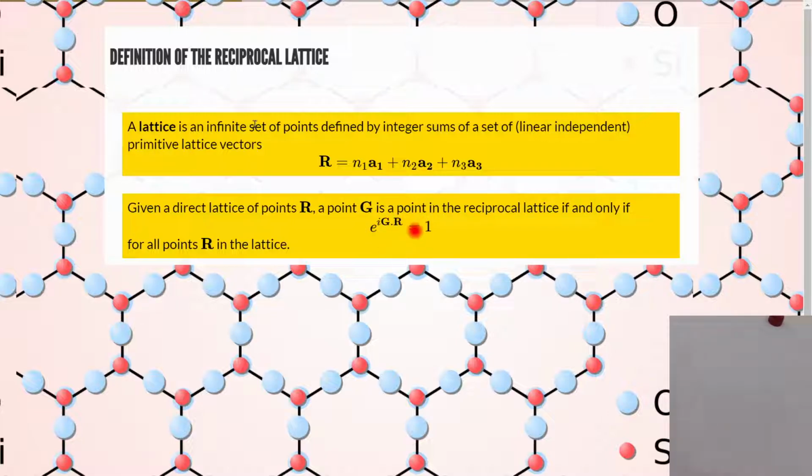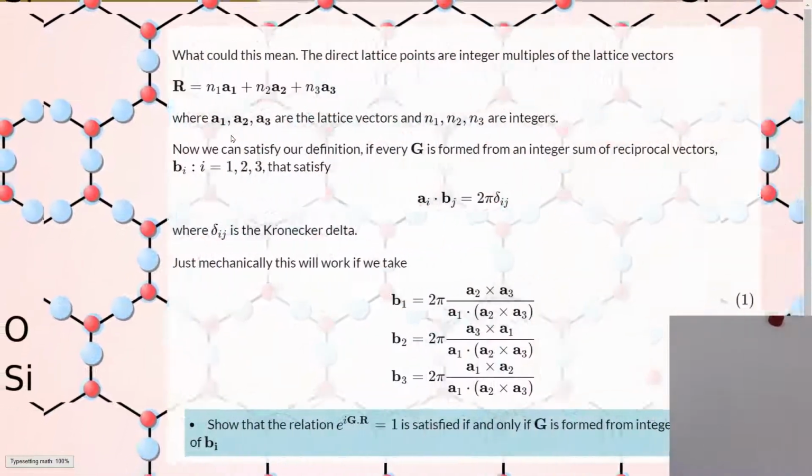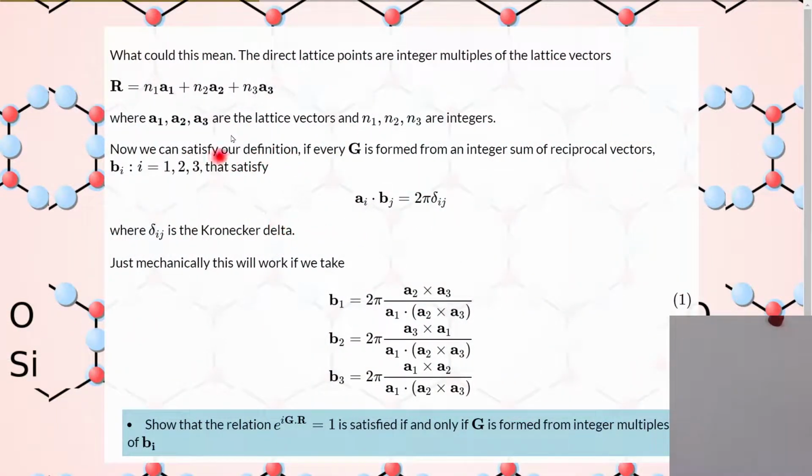It's this set of G vectors that are related to the real space lattice by this relation. We spent a little bit of time yesterday finding it.